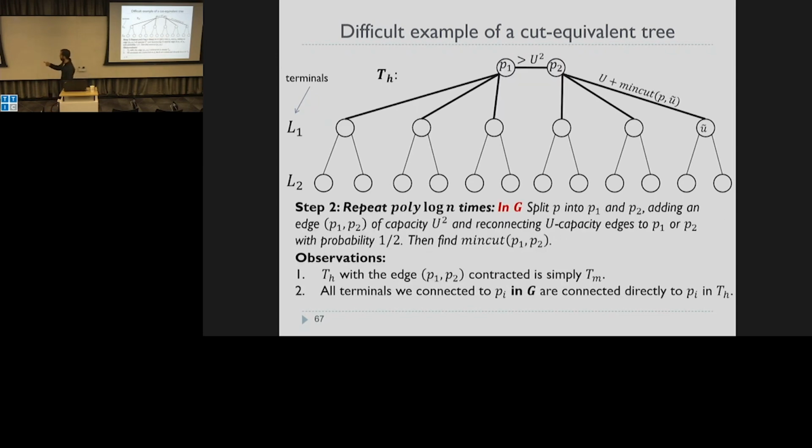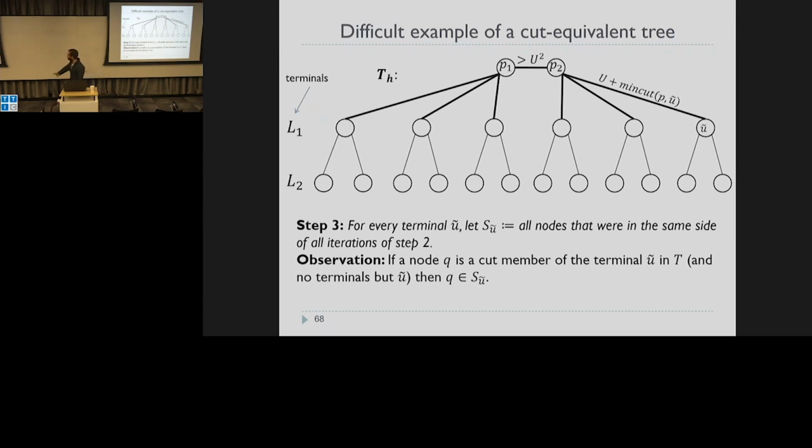And the second observation is that all terminals that we connected to P1, let's say, in the graph are going to be connected to P1 also in the tree of the graph after modification. And again, the reason is that otherwise, if it was connected to the other pivot, then you would get a cut of higher capacity than you would otherwise get.